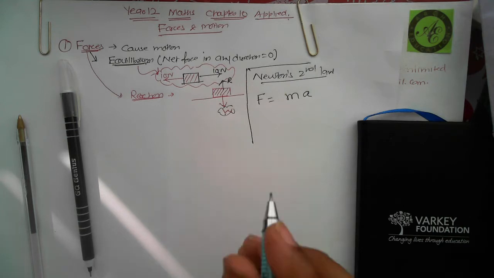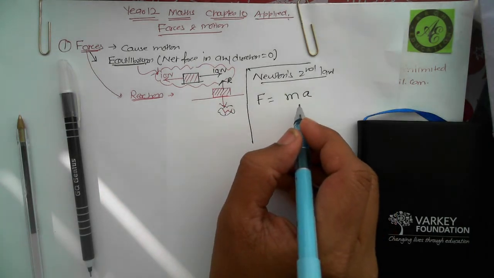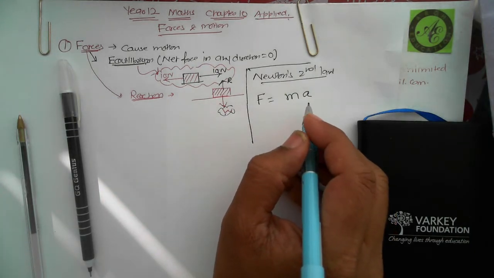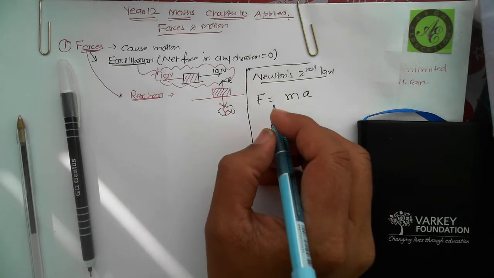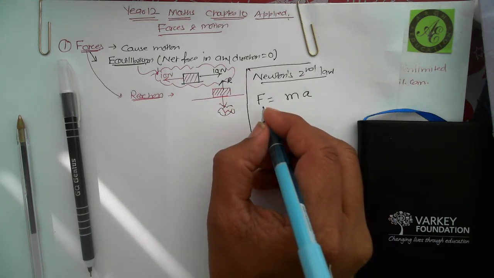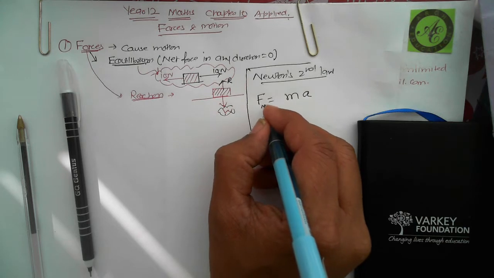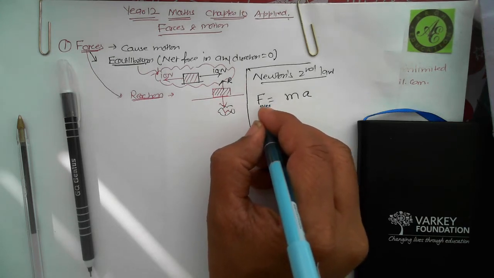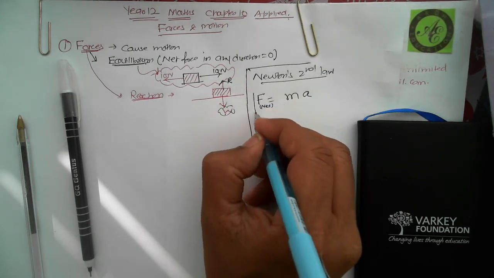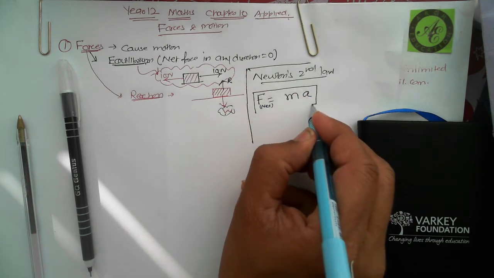F is the force, m is the mass of the object, and a is the acceleration produced by this force due to motion, guys. What I would like to do, I would like to modify it slightly, and I write down F net equals ma.